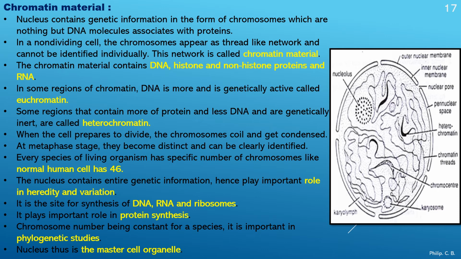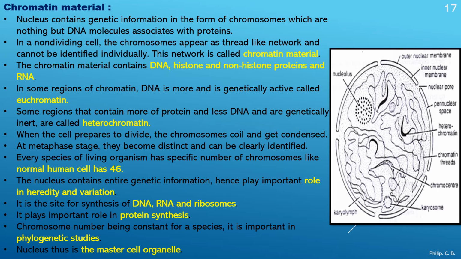In some regions of chromatin, DNA is more and is genetically active, called euchromatin. Some regions that contain more protein and less DNA are genetically inert and called heterochromatin. So when DNA is more, it is genetically active, euchromatin; where DNA is less and protein is more, it is genetically inert, heterochromatin. So two types, euchromatin and heterochromatin.